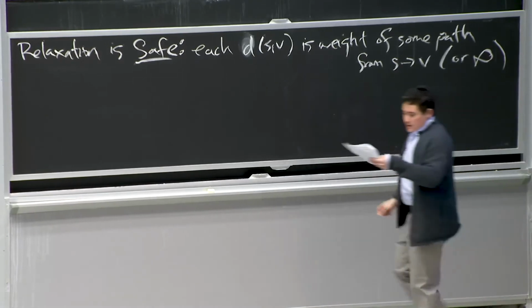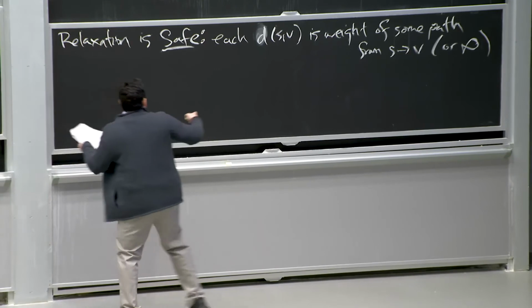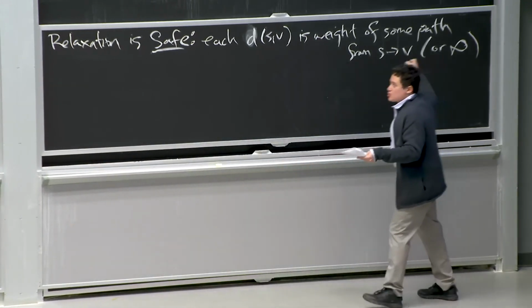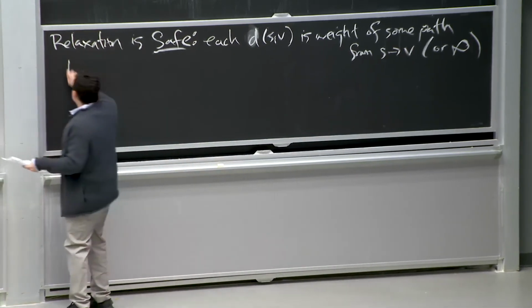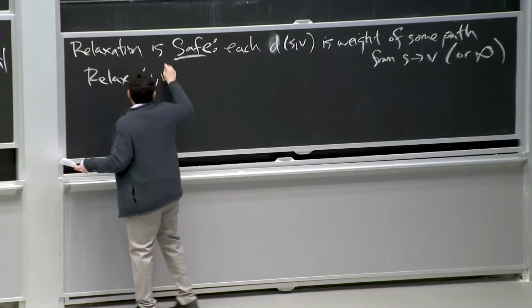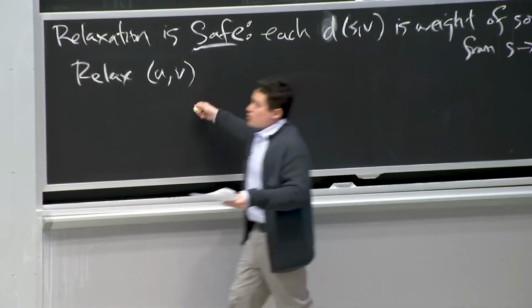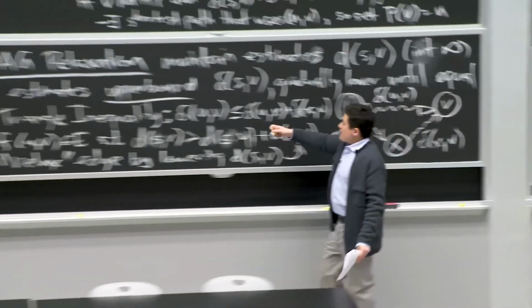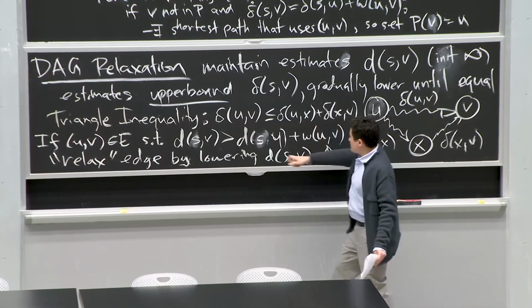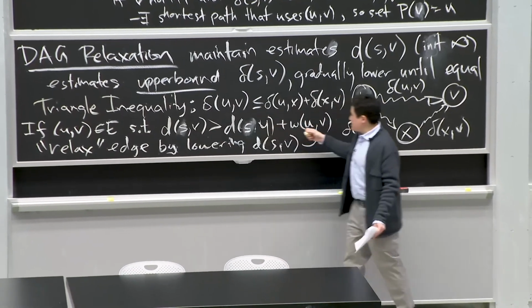Okay? And this is a pretty easy thing to prove, right? If I had the invariant that these were all weights of paths, let's try to relax an edge, right? And we need to show that this property is maintained. Relax edge UV, okay? Now if I relax edge UV, I set my shortest path distance to V to be this thing plus this thing, right?